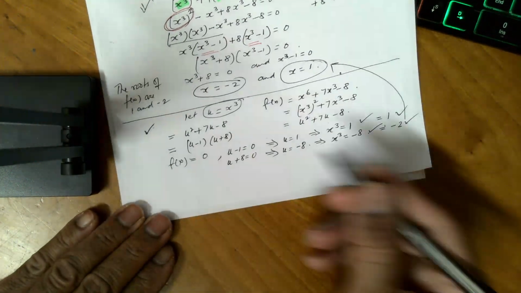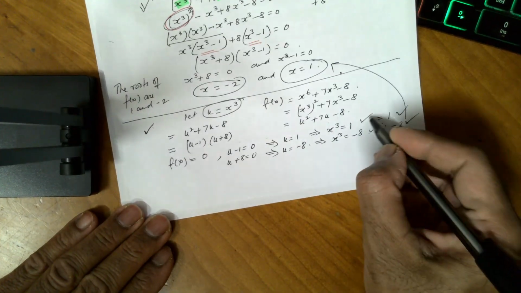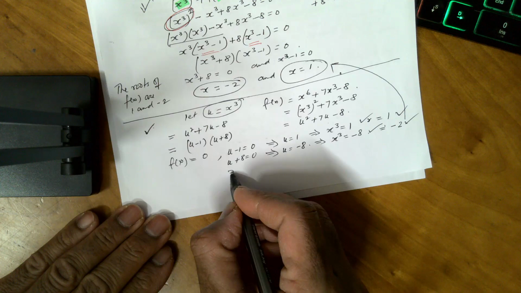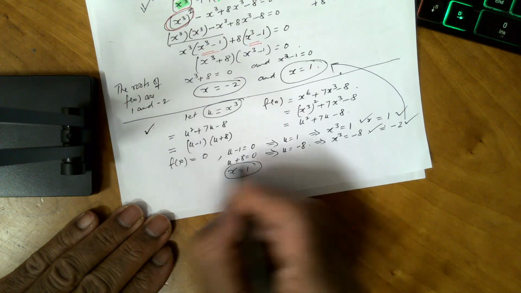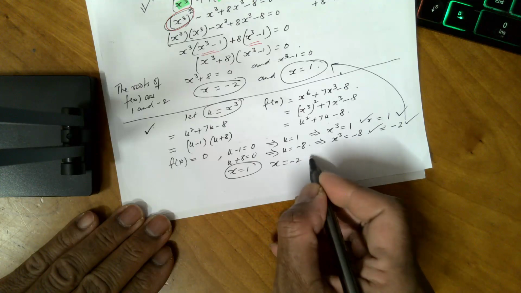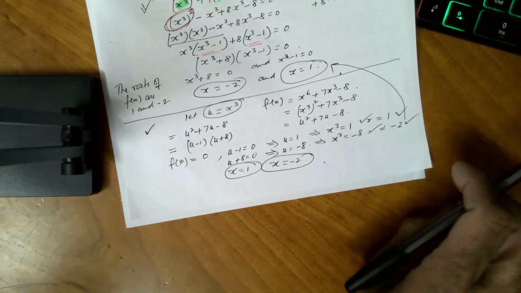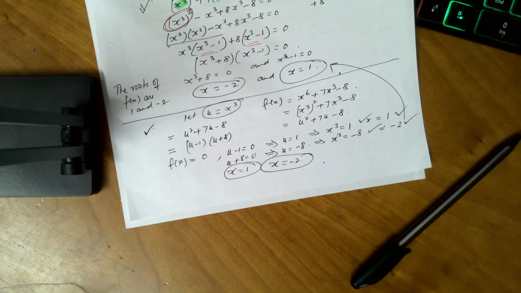So again, the roots of fx are x equal to 1 and x equal to minus 2, exactly the same.